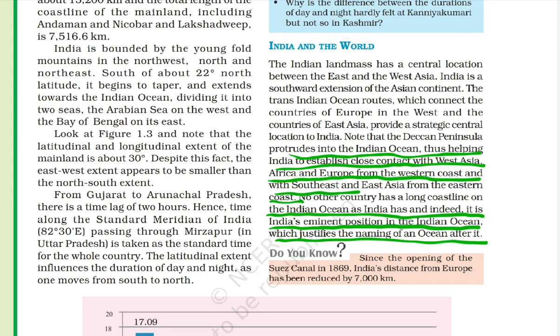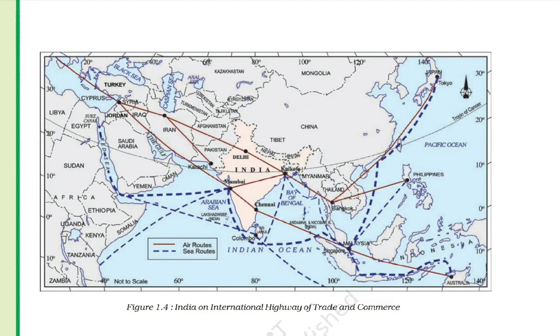Suez Canal was opened in 1869. Since its opening, India's distance from Europe has been reduced to 7,000 km. Before that, traders from Europe and all the other European countries had to cover the Cape of Good Hope. This is Africa, and the Cape of Good Hope is the southernmost point of Africa.